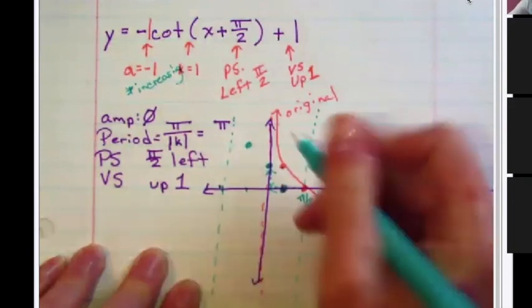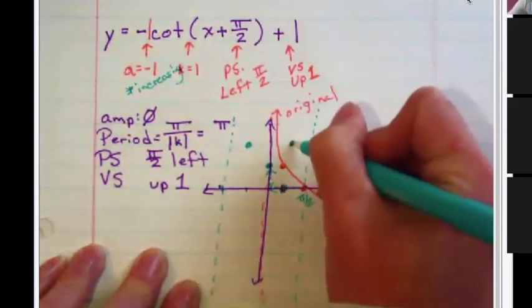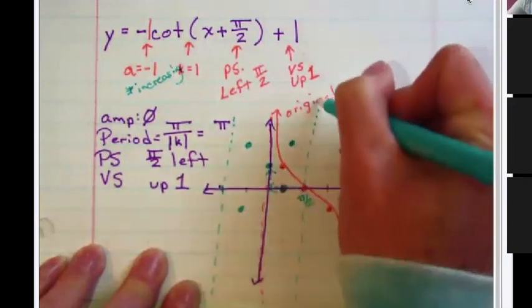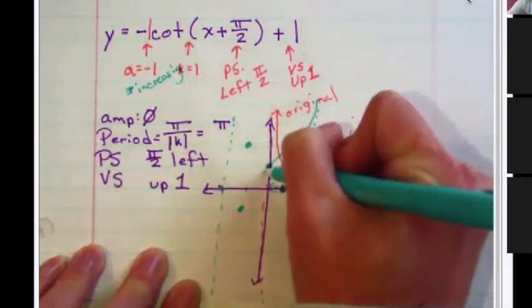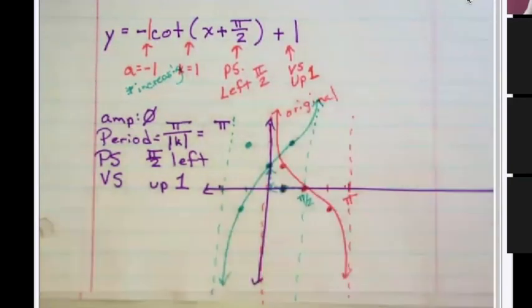It's going to be increasing because my A value is negative, so these points are going to trade places. It's going to be increasing from left to right. So basically, my slope has changed. So instead of decreasing from left to right like the original, now it's increasing from left to right.